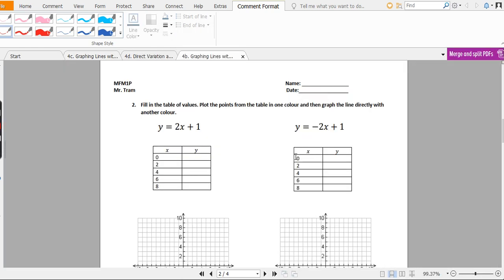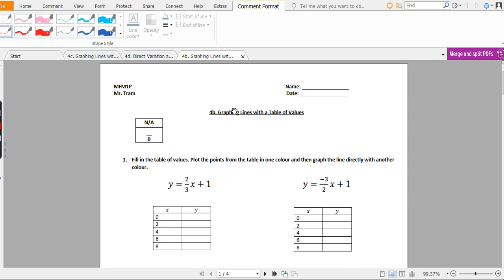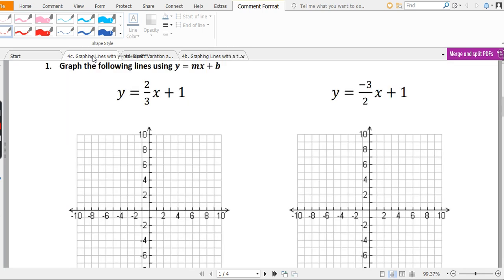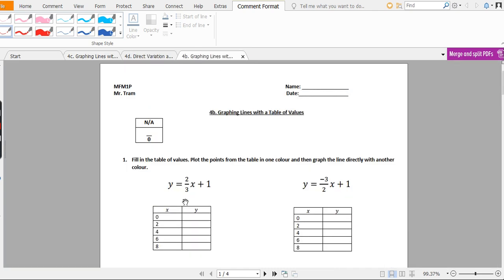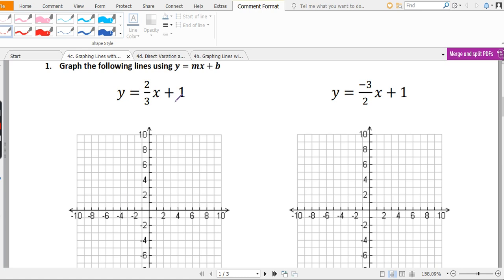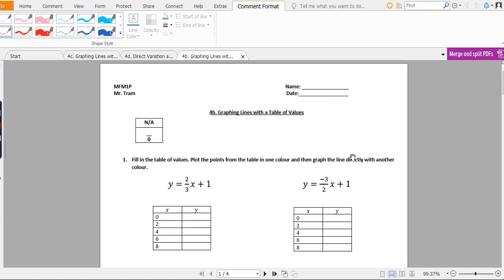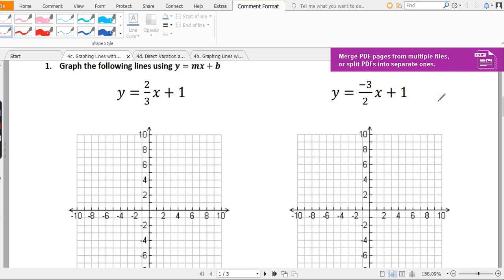Okay, so this was the last lesson, sheet 4B, right? This is today's lesson. If you notice, the first equation, y equals 2 over 3x plus 1, is the exact same equation as this. The second equation we had was y equals negative 3 over 2x plus 1, and again, exact same equation.